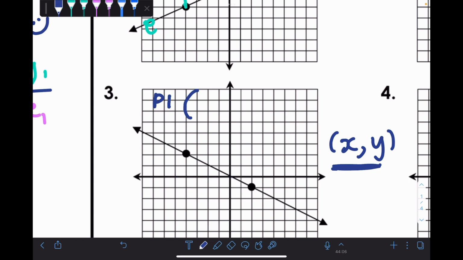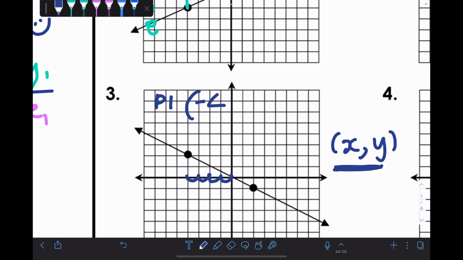So let's count this. This is 0. So we're at -1, -2, -3, -4. Okay, -4 across. Now we're going to see how many it's going to be in our y.